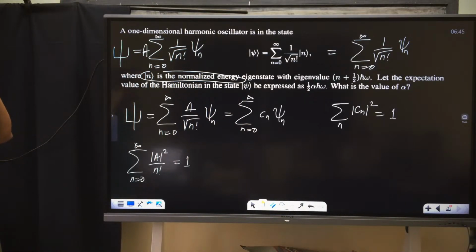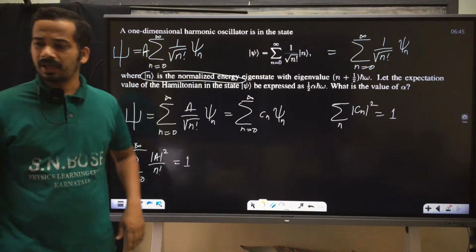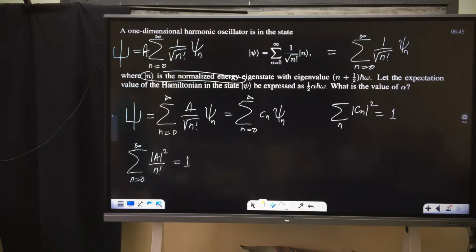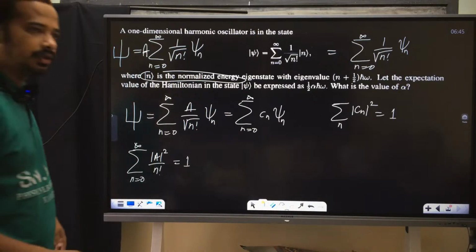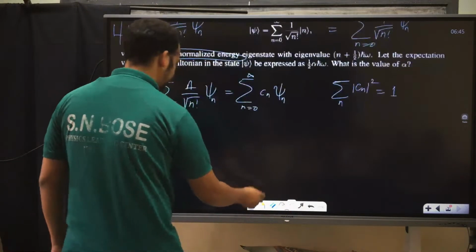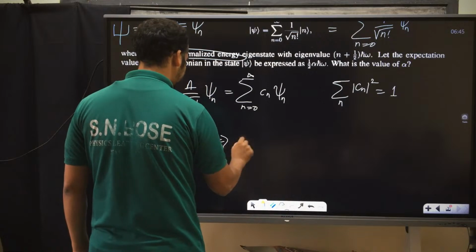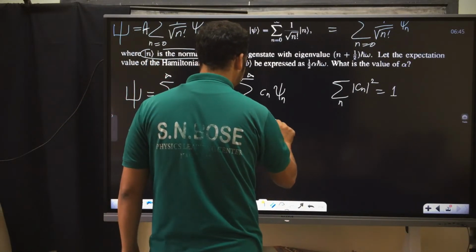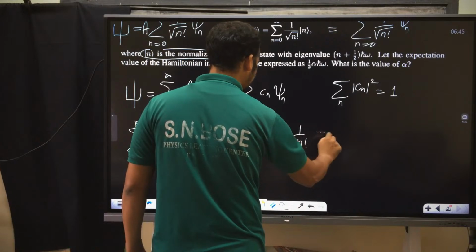There are some very simple questions required in many problems. Now this is equal to mod a square outside, summation over n equal to 0 to infinity 1 by n factorial, equal to 1.